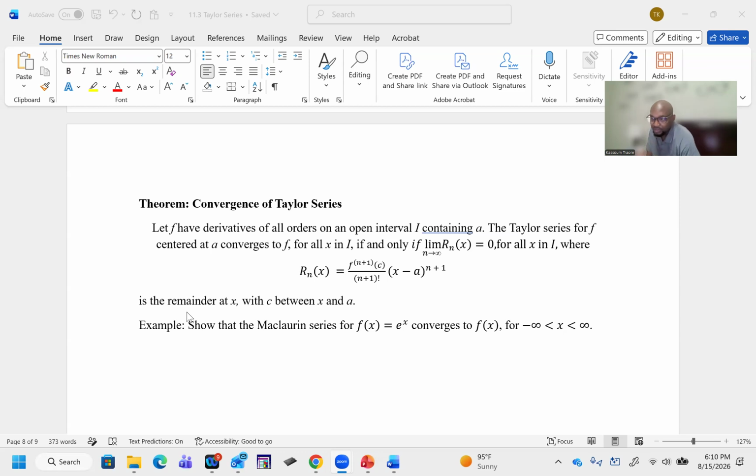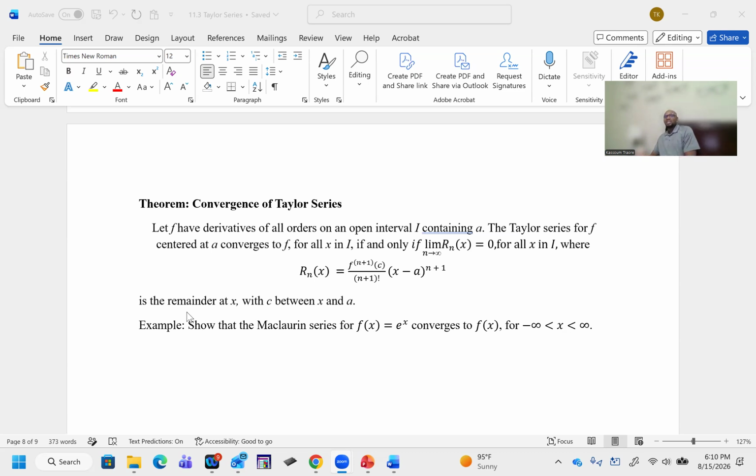This R sub n of x is the remainder at x, with c between x and a.